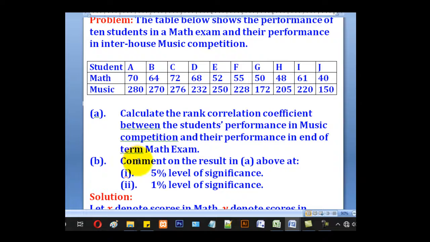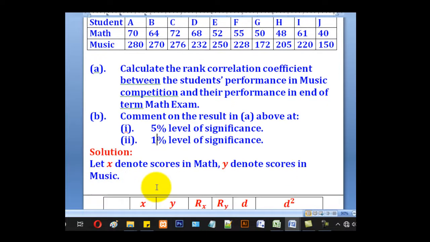Then part B of the question: comment on the result in A above at (i) 5% level of significance, and (ii) 1% level of significance.